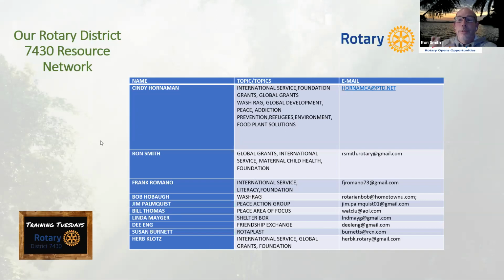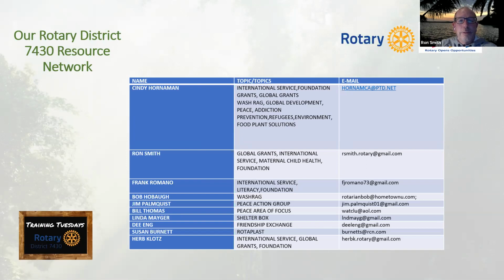We have other things like ShelterBox and other projects that we help support through our work. I'm the Global Grant Subcommittee Chair. So it's really through me that I will be working with you to get your grant applications and proposal forms to the shape that we can approve it.